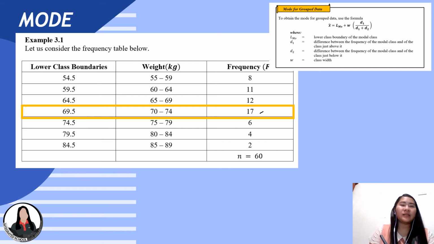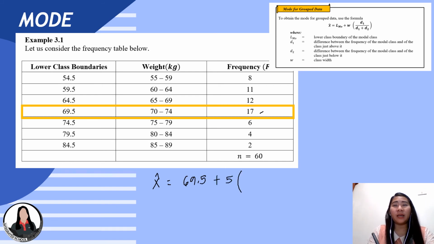Okay? And then, since na-obtain na ang modal class, pwede na tayong mag-solve ng ating mode. So, x caret is, let's follow the formula. X caret is equal to L sub MO, which is the lower class boundary of the modal class. So, that's 69.5. Okay, plus W, that is 5, multiplied by D sub 1. Ang D sub 1 natin ay makukuha daw in getting the difference between the frequency of the modal class.